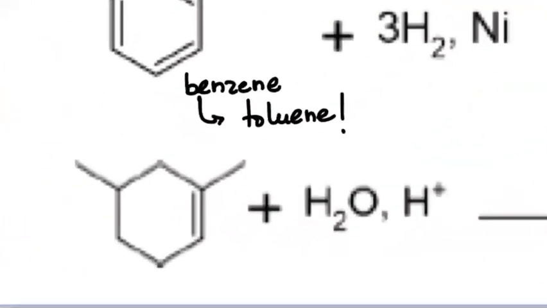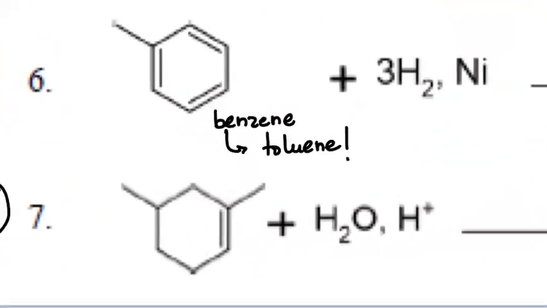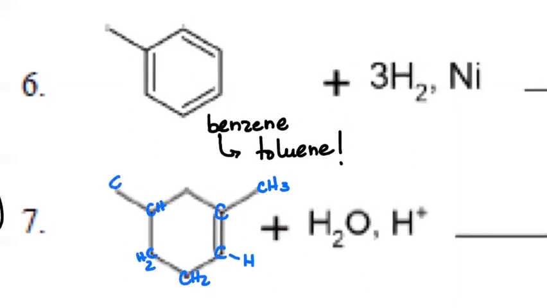So for this molecule, let me write in the carbons just to assist the students that still need to see the atoms in it. This area of the molecule is what's reacting, okay?